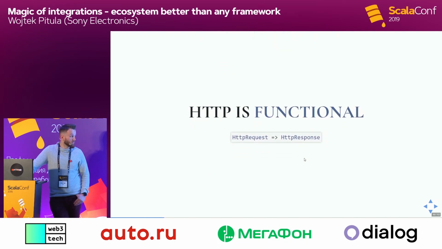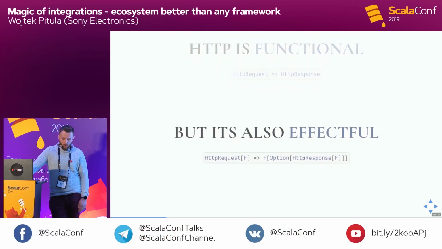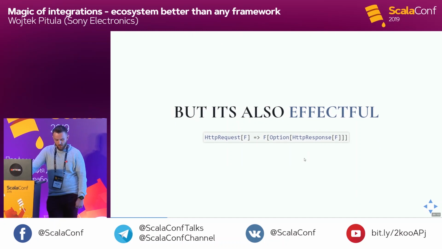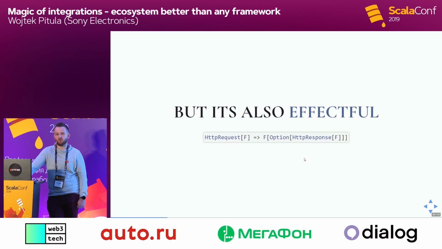HTTP as a protocol is functional by its nature. You just take the request and produce the response. But at the same time, it's also effectful. So you would typically go to the database or to the file system or to another service, make an HTTP call, and all sorts of stuff.